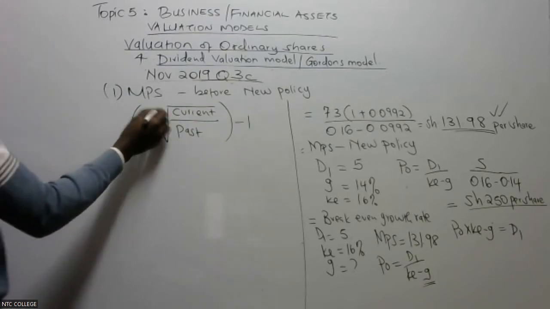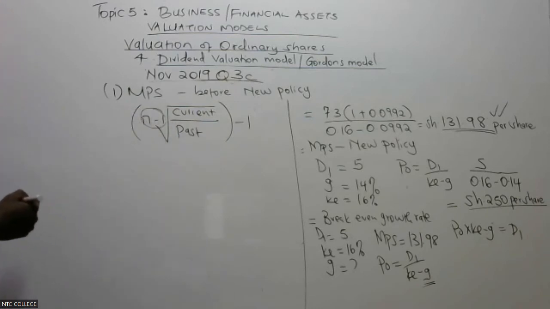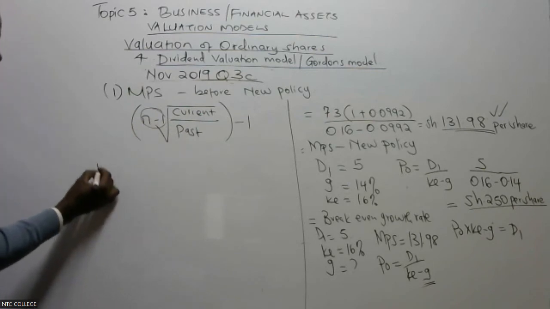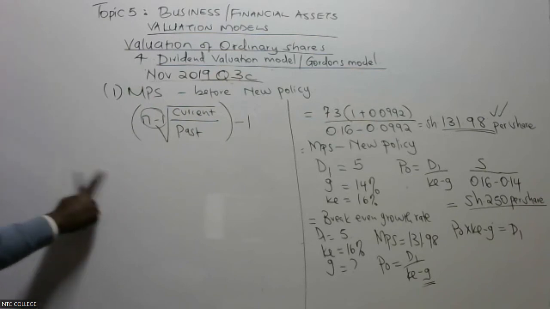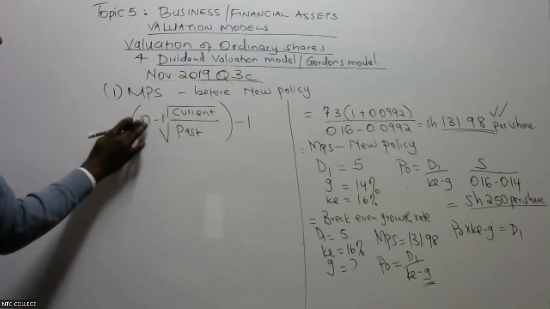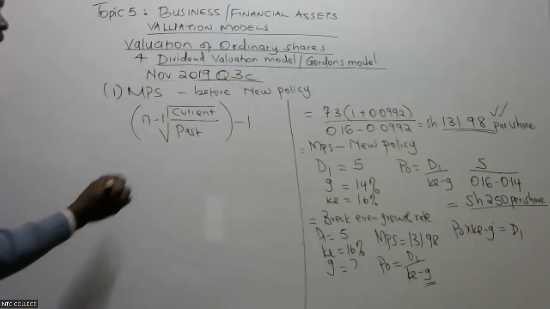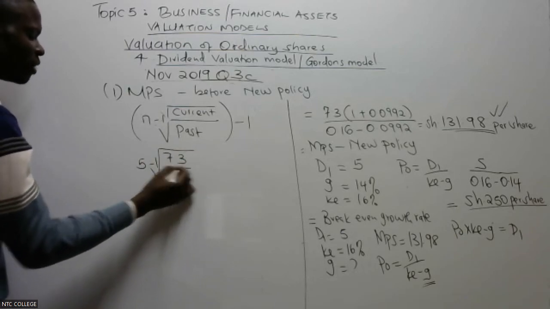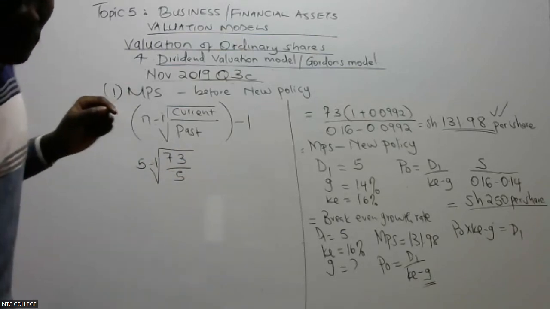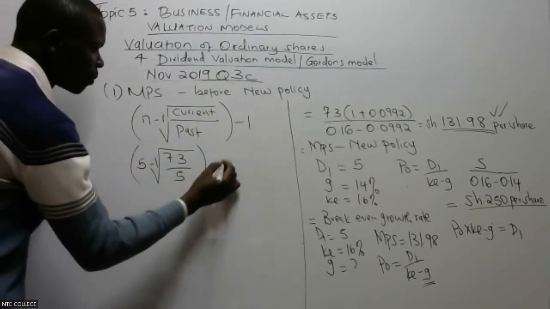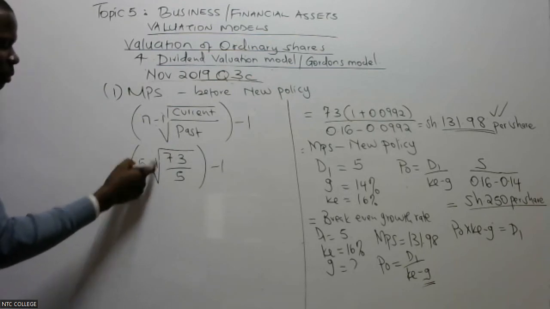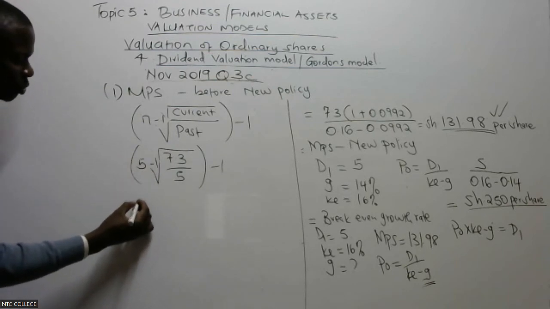So first of all, you work out this. On this question, we had 5 minus 1 square root of 7.3 divided by 5, then less 1. First you determine 5 minus 1, which gives us 4.